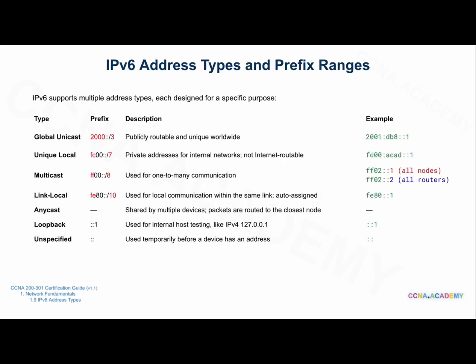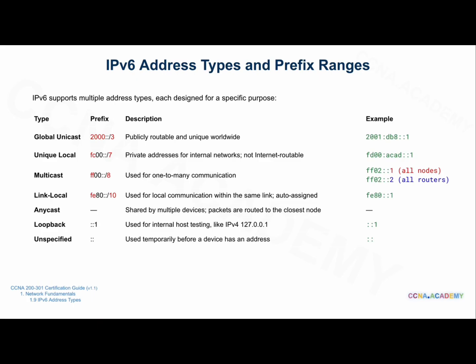IPv6 supports several address types, each with a specific purpose. Global unicast starts with 2000 and has a /3 prefix, and is publicly routable. Unique local starts with FC and uses a /7 prefix. It's private and used inside organizations. Multicast starts with FF and uses a /8 prefix.